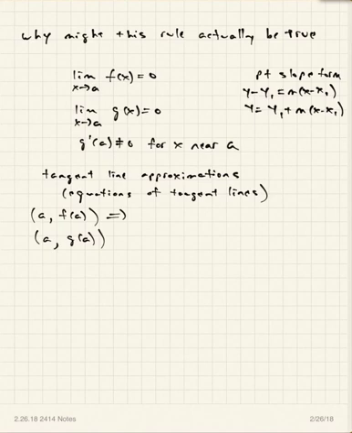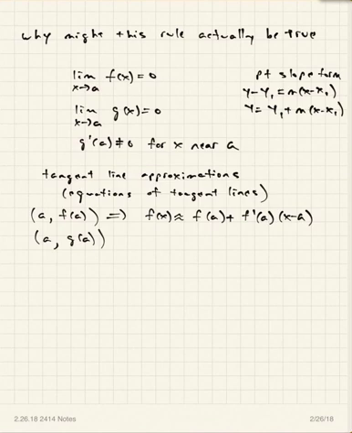So the tangent line approximation around the point a, f of a for the function f is simply this function right here, that we're saying f of x is approximately this line, f of a plus f prime of a times x minus a. Remember, f prime of a is just the slope of the tangent line there.